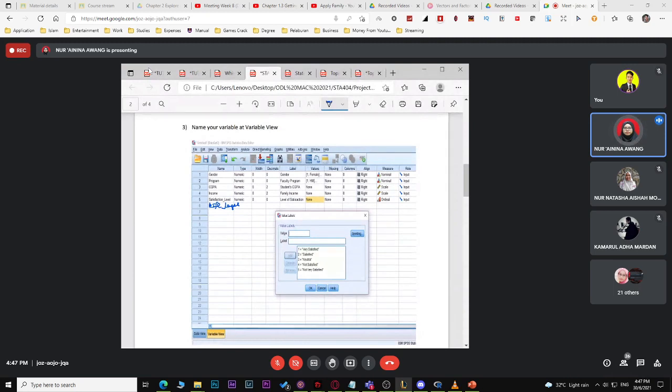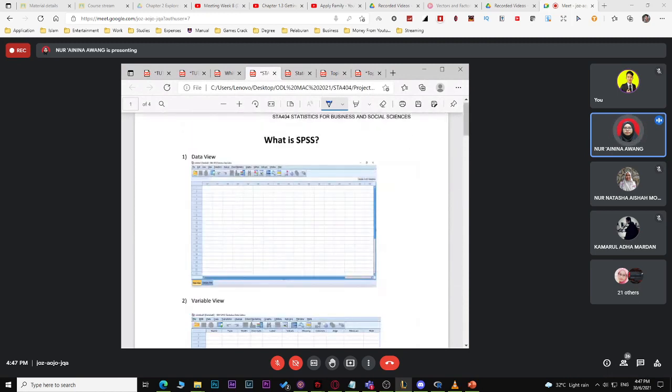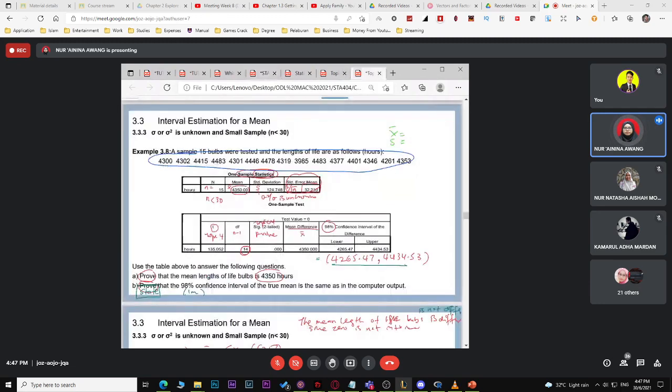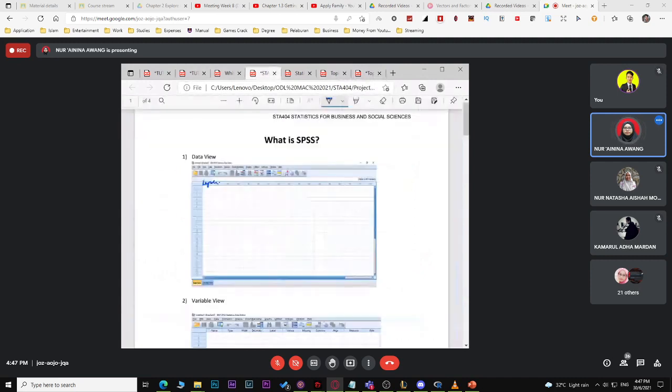You tulis dulu dekat variable view, and then dekat data view nanti dia akan keluar kat sini length life contohnya. So you masukkanlah all these 15 value ni. Kira you kena masukkan manually macam tu. 4,300 sampailah 15. You masukkanlah semua data dia, and then baru you run.